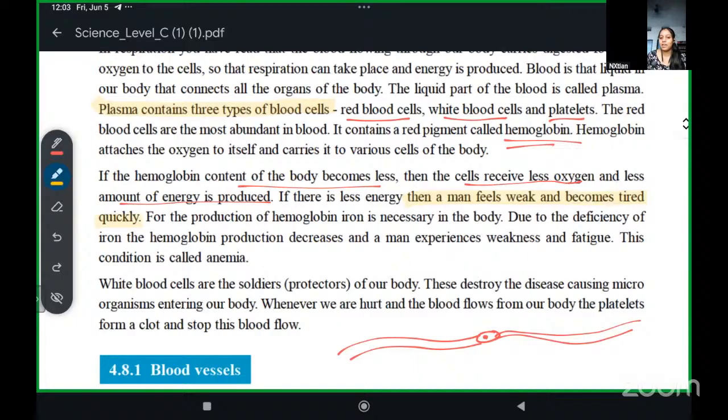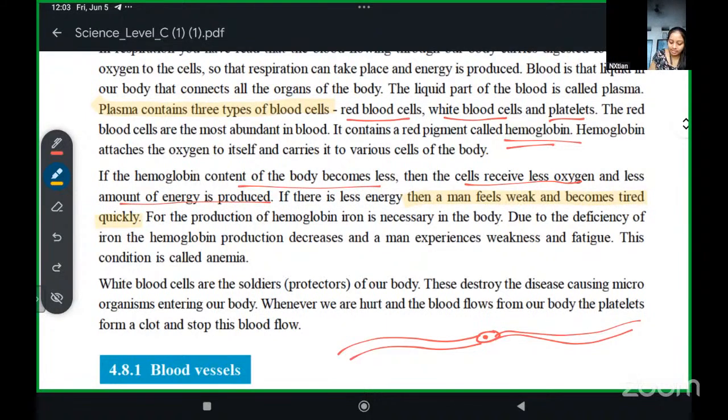That is why it is said to eat iron-rich food, so that your body can get hemoglobin from iron-rich food. Due to iron deficiency, hemoglobin production decreases, and a man experiences weakness and fatigue. This condition is called anemia.